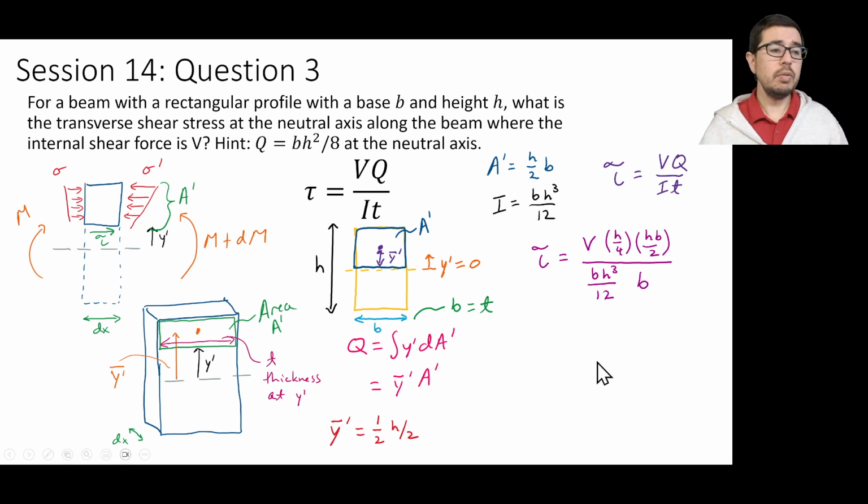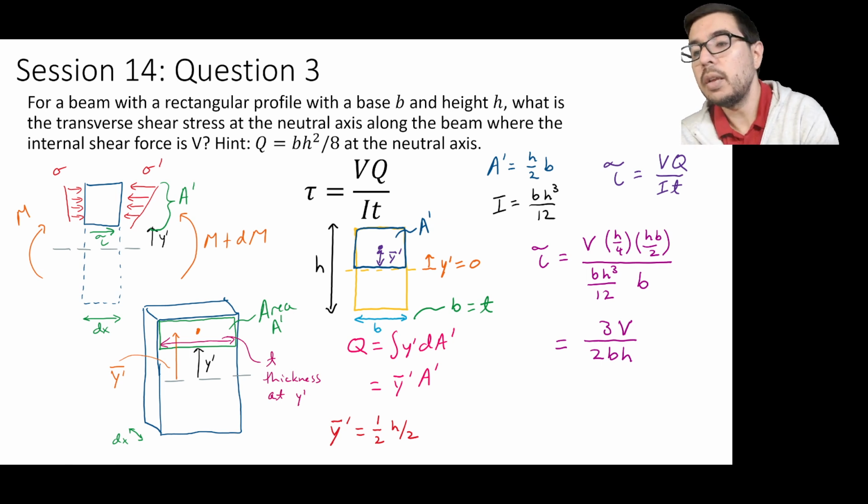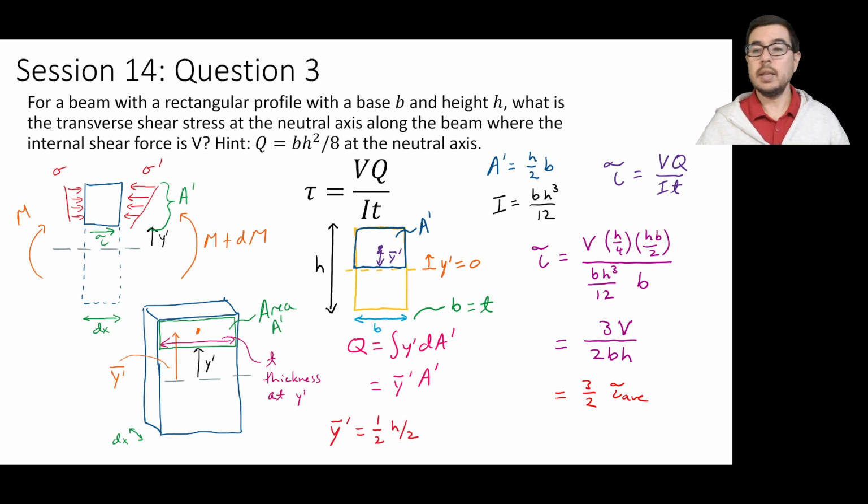So when we solve this problem out in its entirety, what we get is that the transverse shear stress at the neutral axis is going to be equal to 3 times V over 2bh. And this formula has another way of being written that is often useful for calculating the maximum shear stress in a rectangular cross section, maximum transverse shear stress, better said.